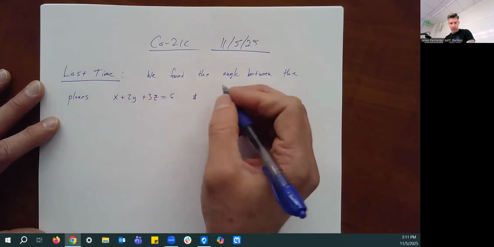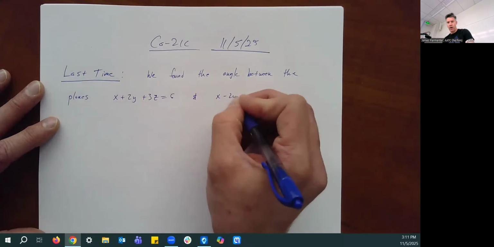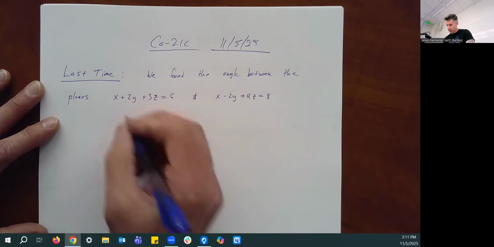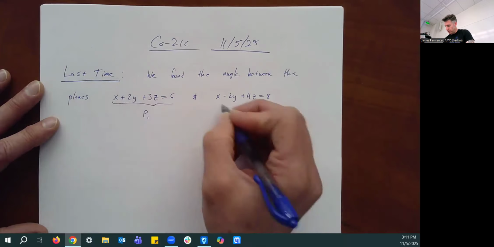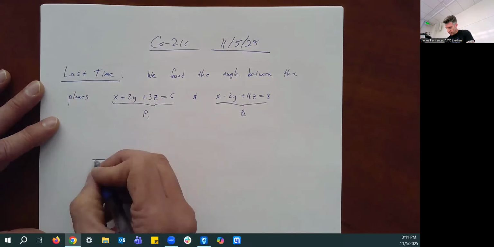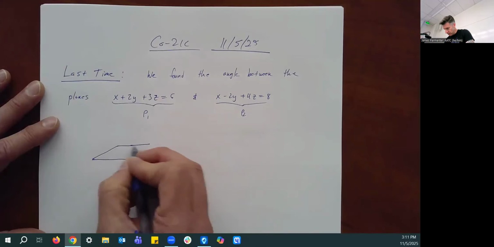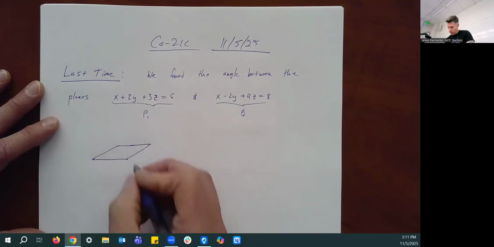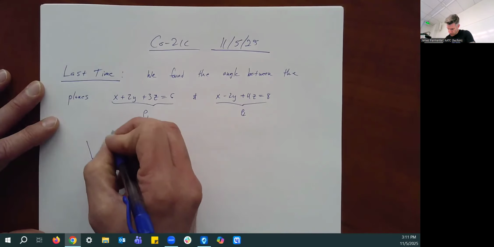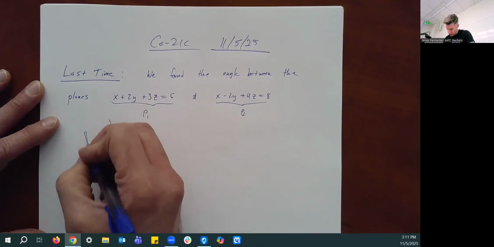And the other plane was x minus 2y plus 4z equal to 8. This was plane 1, and this was plane 2. And we drew a little picture, and parts of the planes looked like this. So here's your plane 2, and here's your plane 1.